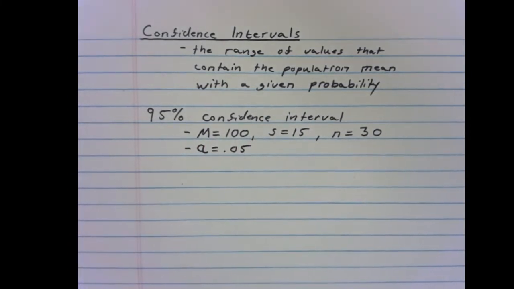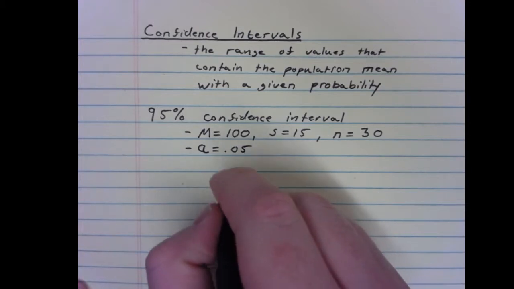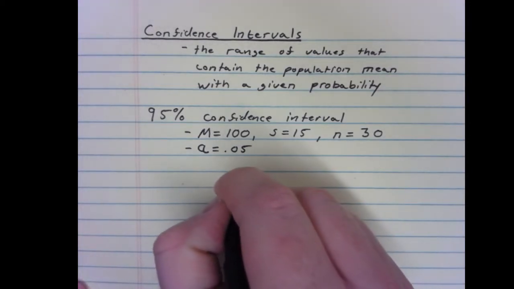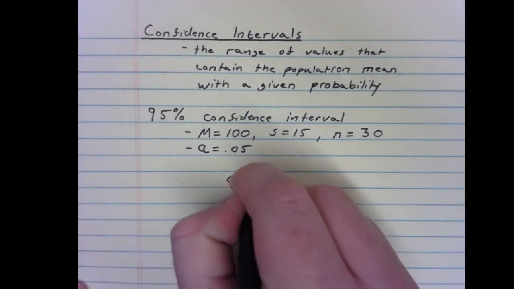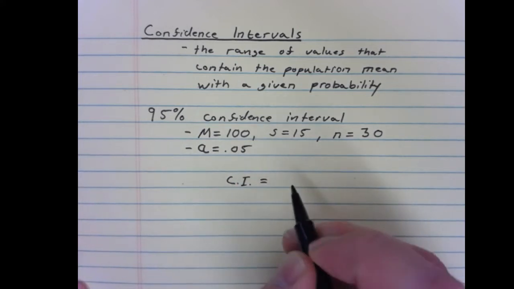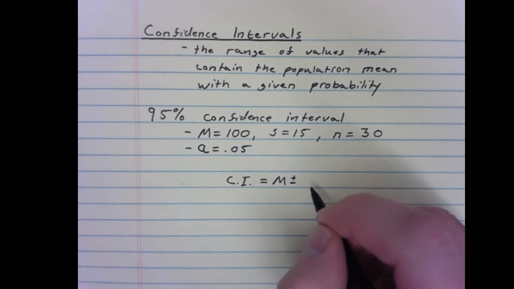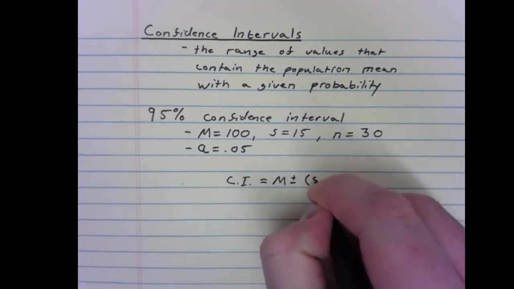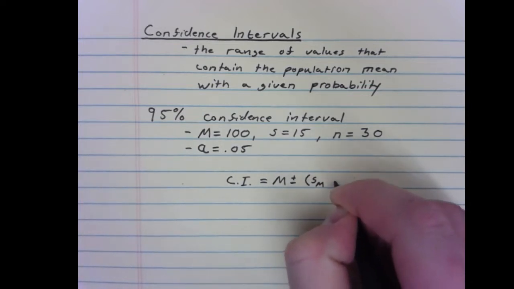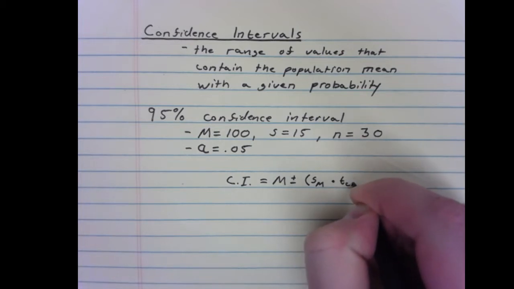So now we can go about working this out. Now, you may have seen a confidence interval written out like this, where you have your sample mean plus or minus the estimated standard error times t-crit.